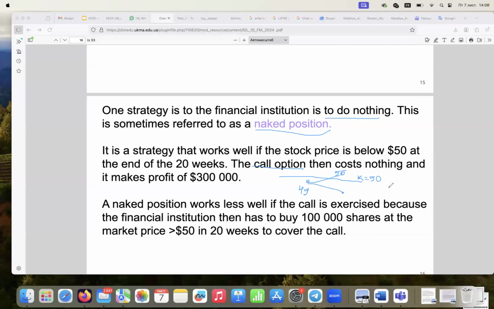You're right. But now we are a financial institution that issued this option. So we don't need to pay anything. And what is our profit?